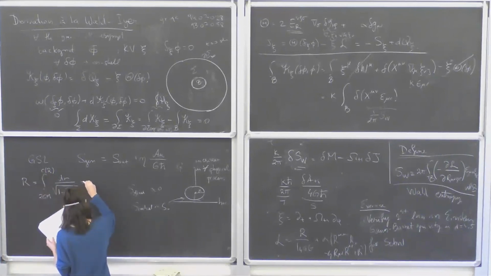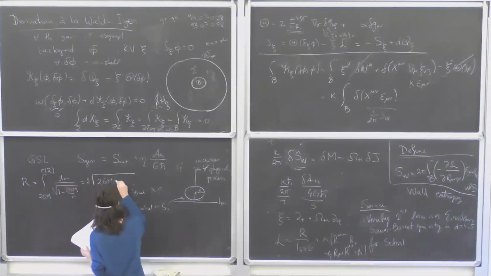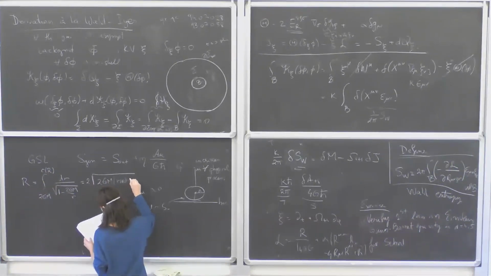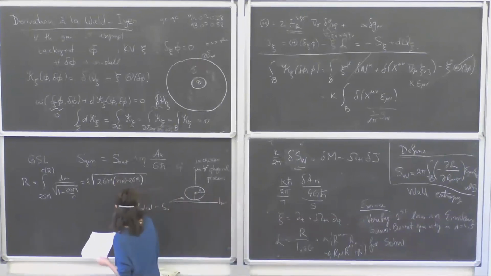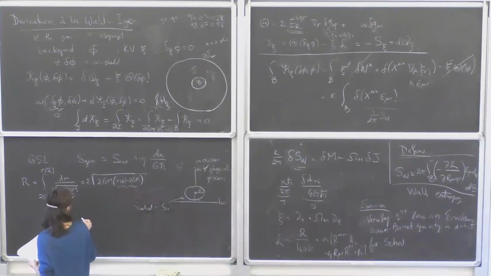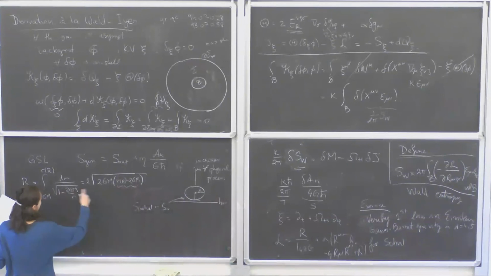And this thing is approximately 2 square root of 2GM times r of r minus 2GM. Something like that. And you're assuming that this thing is very small. Yeah, you've basically assumed that this is small, otherwise I think you wouldn't have gotten this. But anyways, this is a trivial integral to do.